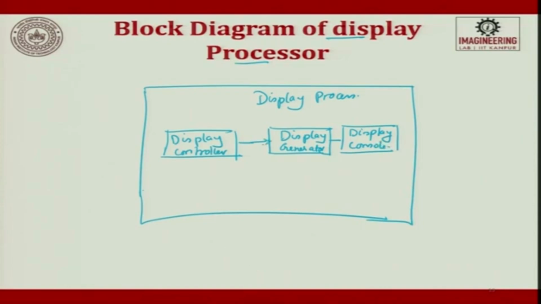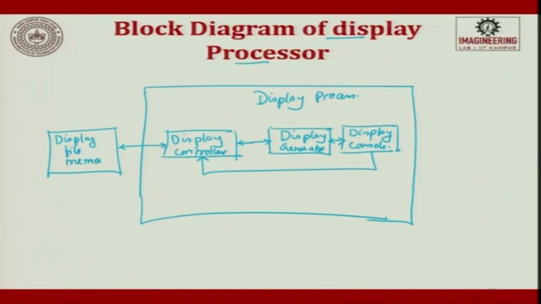All of these will be communicating with each other. Then the console also will be trying to communicate with the controller. So, all this will be communicating back and forth with the display file memory. This is a block diagram which talks about the display processor.